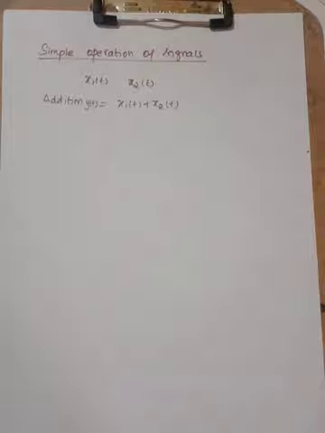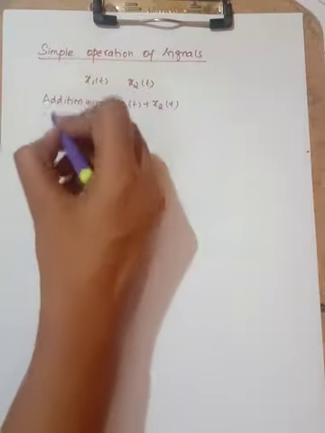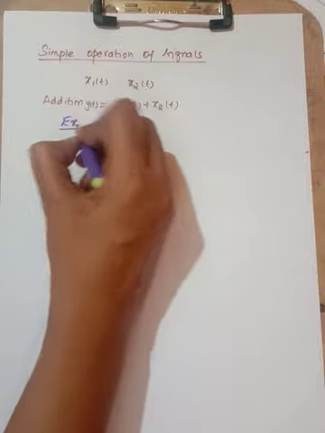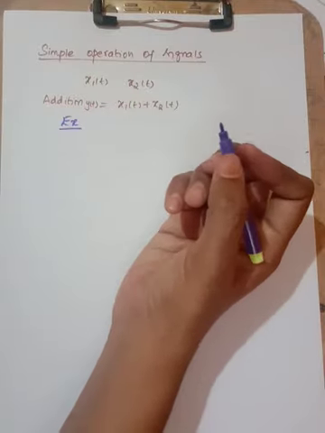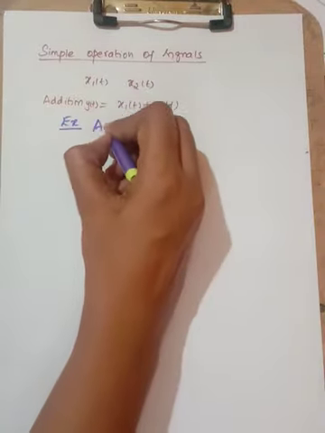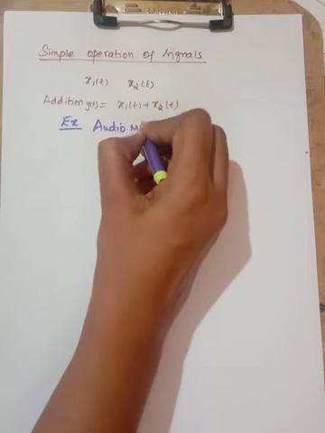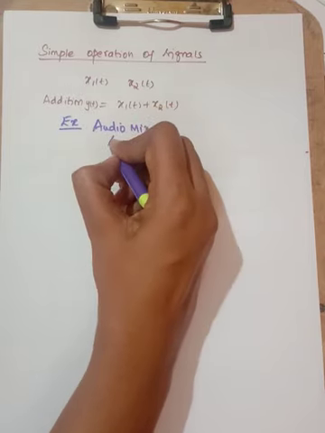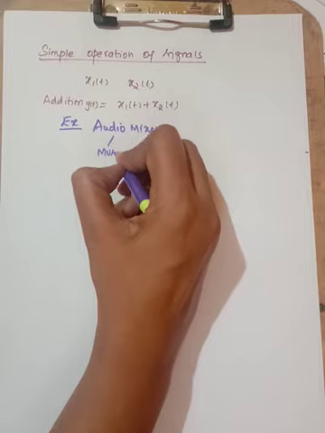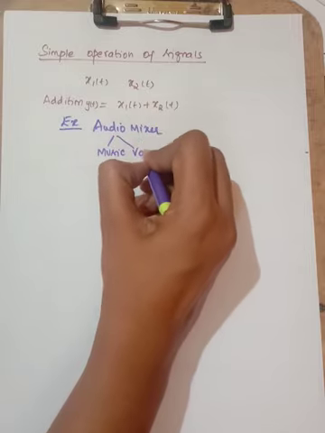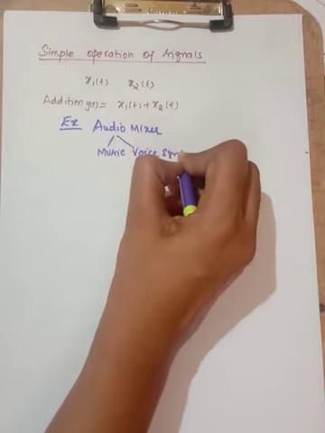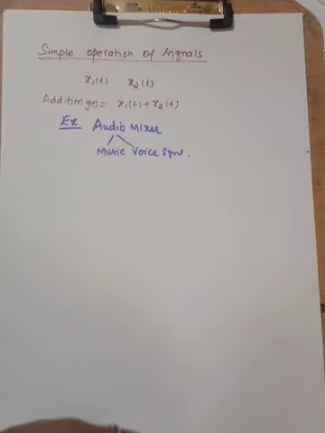So y of t is equal to x1 of t plus x2 of t. An example where we see this in real time is an audio mixer. In an audio mixer we combine our music and our voice signal, and it produces an output.